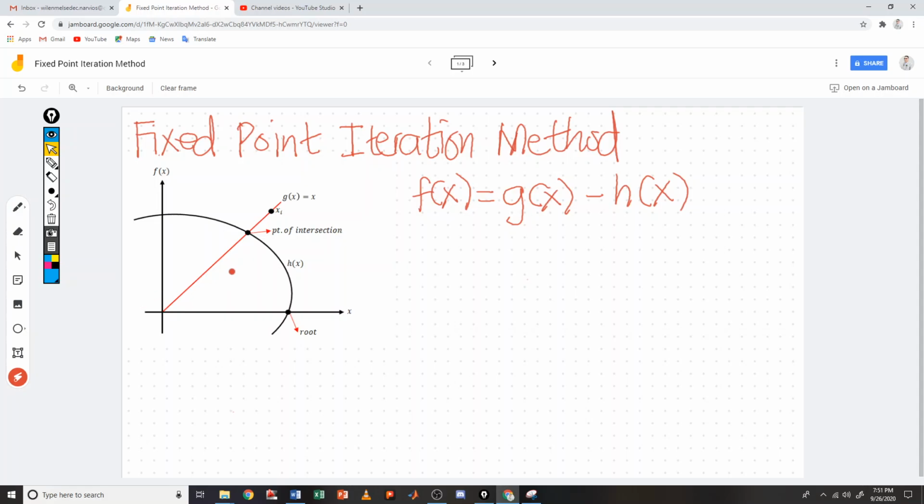The fixed point iteration method is one of the very basic methods for finding the root of a nonlinear equation f(x) = 0. We'll start the iteration process with a certain value of, let us say, x = x0.